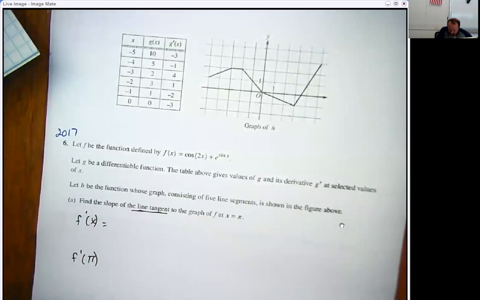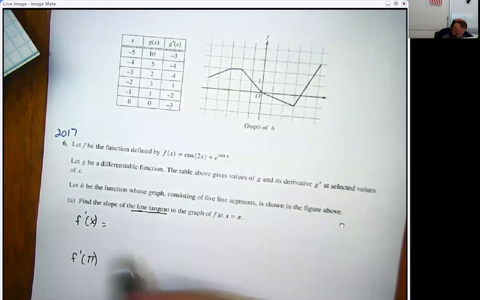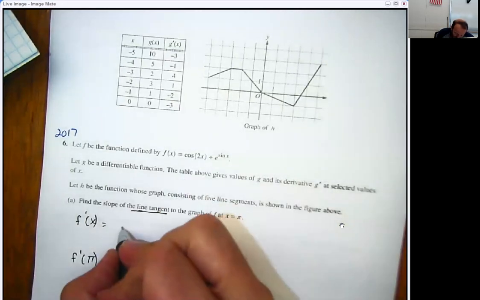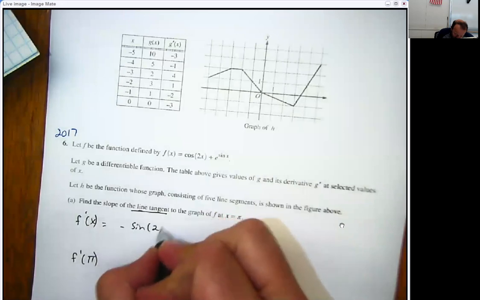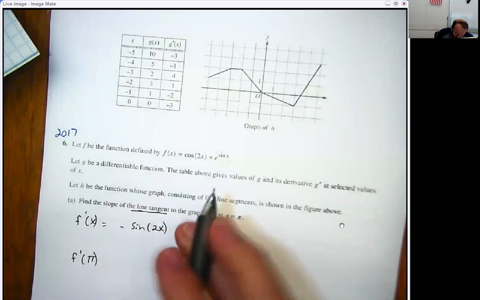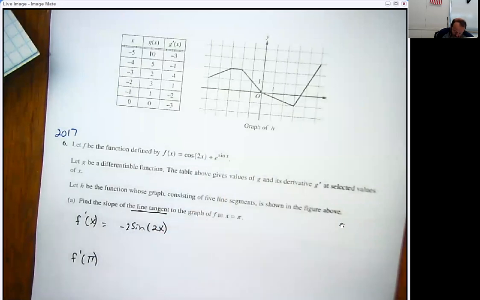Now, keeping in mind that this is not a calculator allowed question, we're going to actually have to find f prime, and in fact they do go ahead and give points for that. So f prime of x: the derivative of the cosine is the negative sine. Then chain rule says we multiply by the derivative of what's inside, which of course is 2.